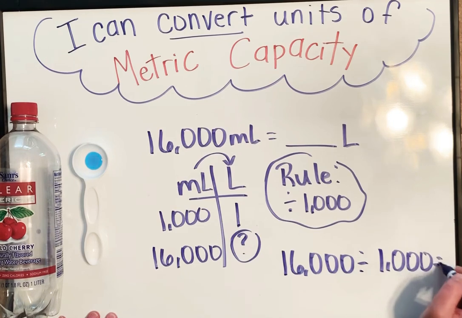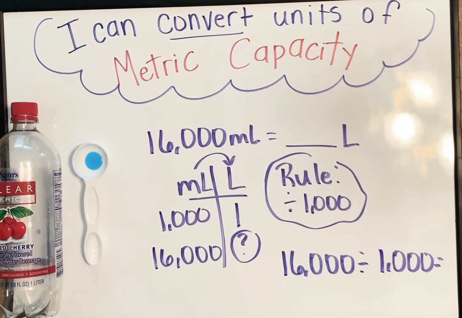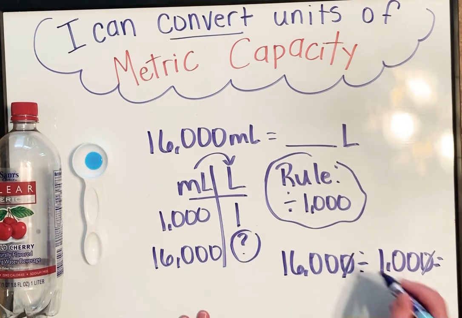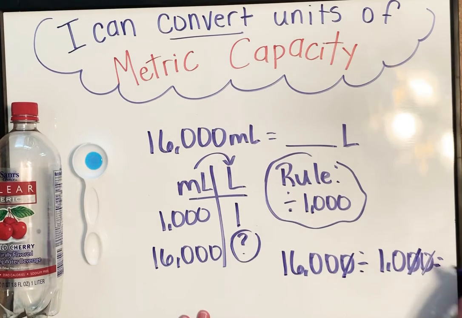Now here's where it gets kind of tricky for fourth grade. You have a lot of zeros here, and if you're just not sure, there's a little thing that you can do. You can look at your zeros and cancel them out. Try to get down to a basic fact. Let's see what we can do. If I have a 0 here, I'm going to match it with that 0 there. Take this 0, match it with that one.